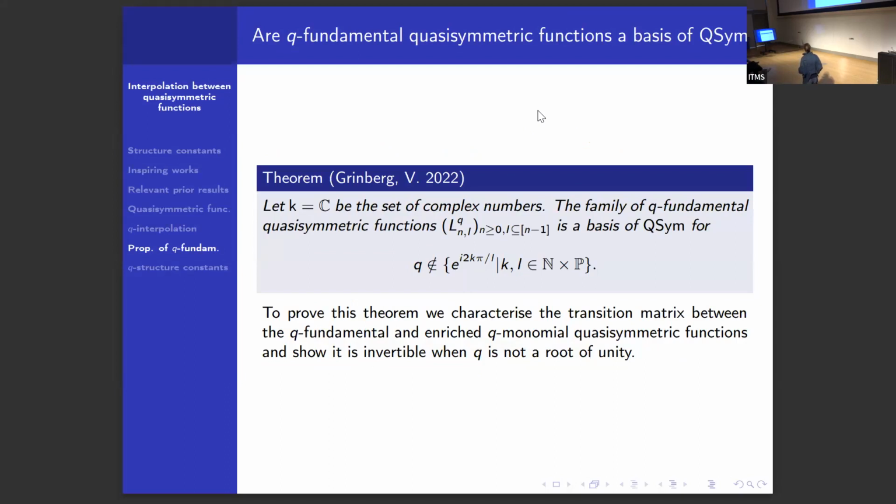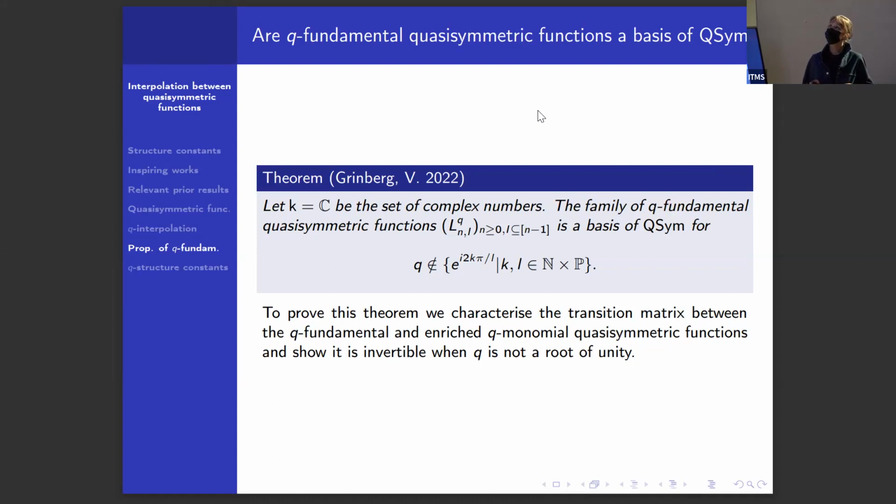Actually, we prove the following theorem. If we set the base ring K to be the set of complex numbers, then the family of Q fundamental quasisymmetric functions is a basis of QSym if and only if Q is not a root of unity.